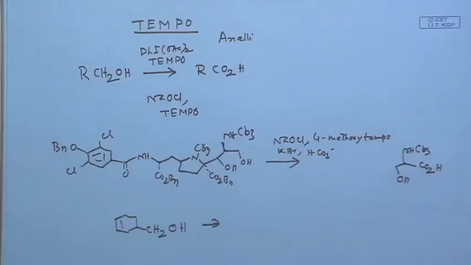But if you have a little complex system, for example, at one point we tried to oxidize this to the corresponding carboxylic acid. How do you do it? You cannot do it, it is tough. Reason being, you have a double bond present now, so that restricts your choice.